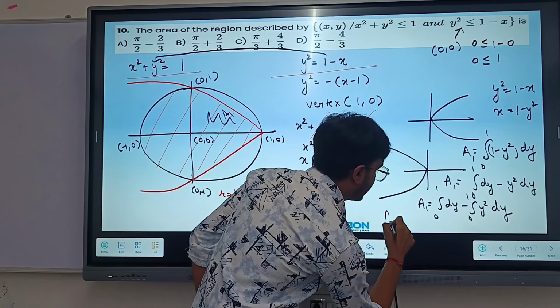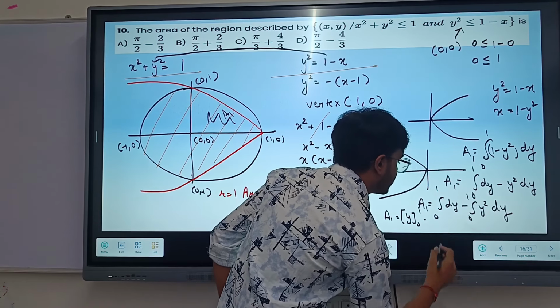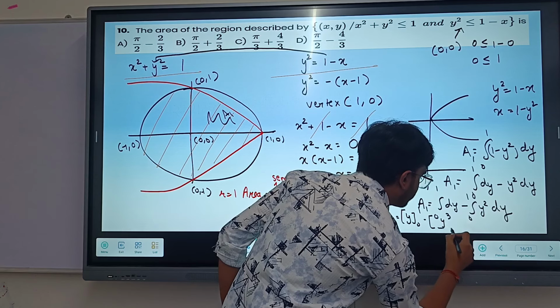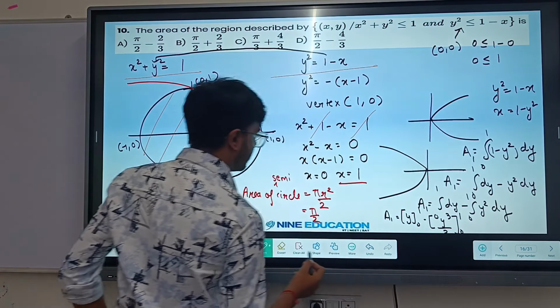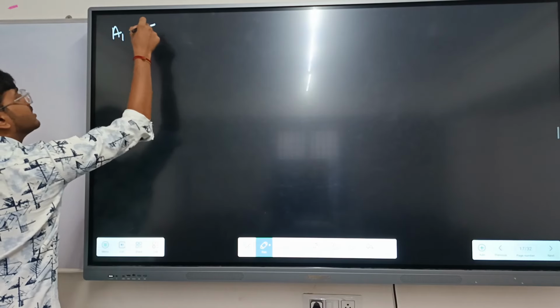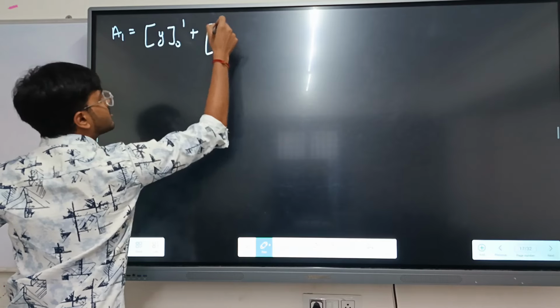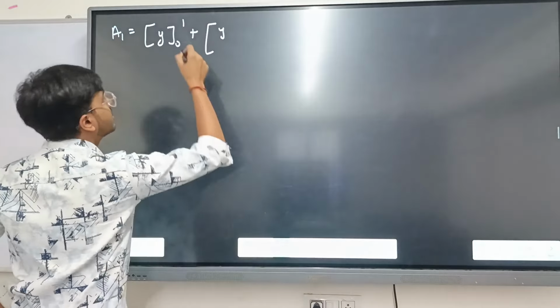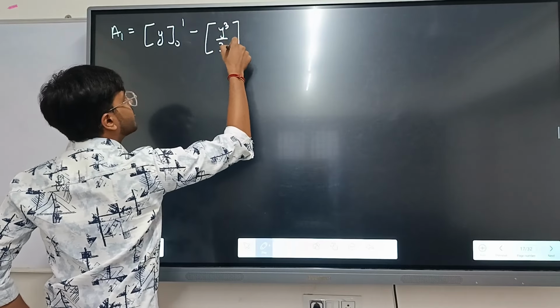So this area A1 would be y from 0 to 1 minus, integration of y square is y cube by 3, from 0 to 1. So A1 area is y from 0 to 1, minus y cube by 3 from 0 to 1.